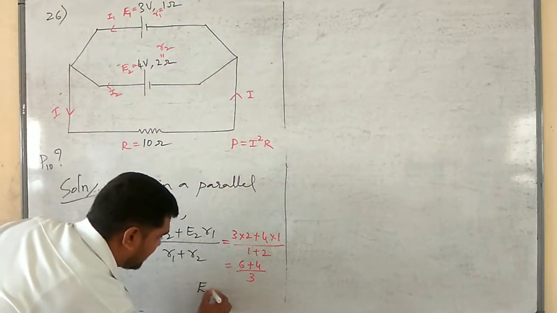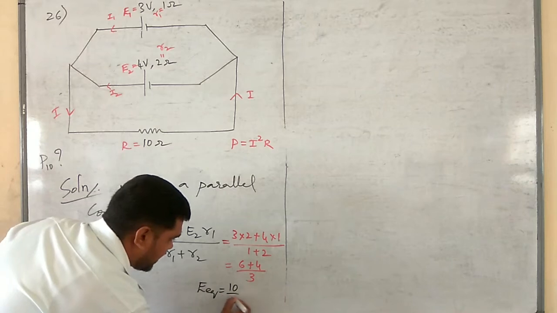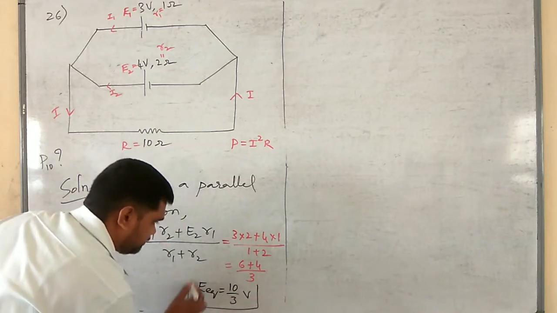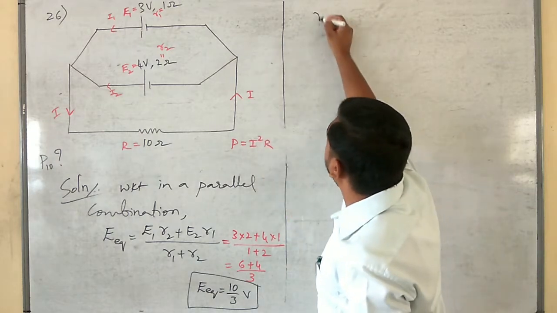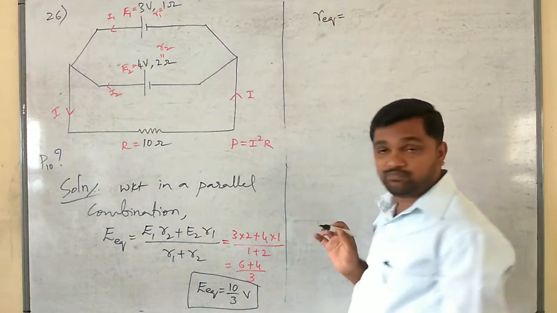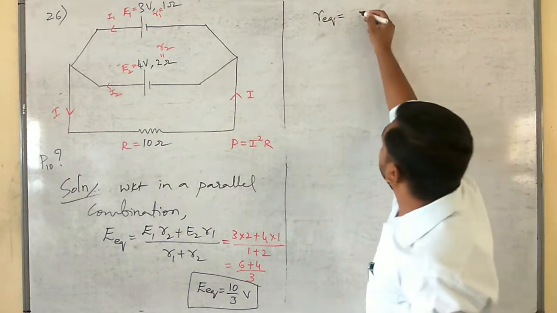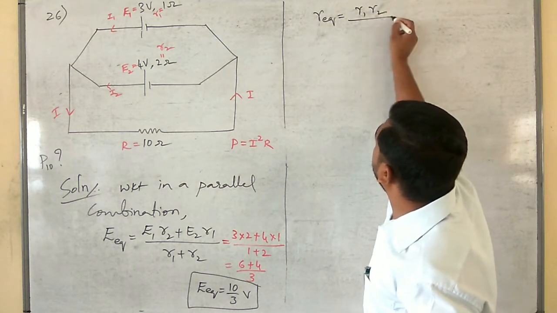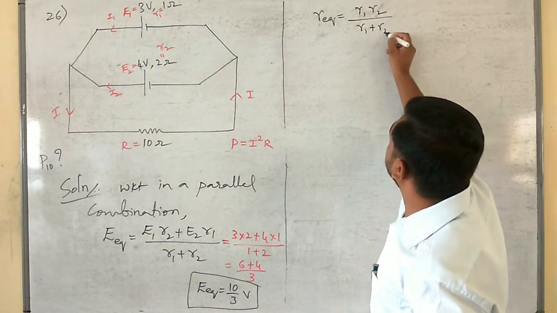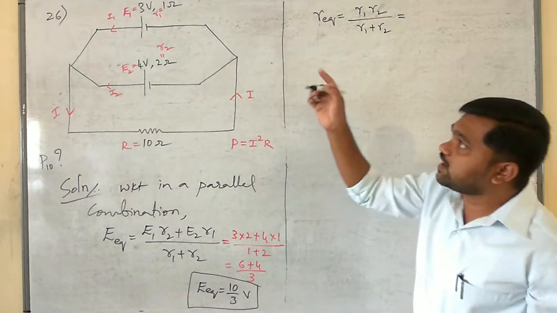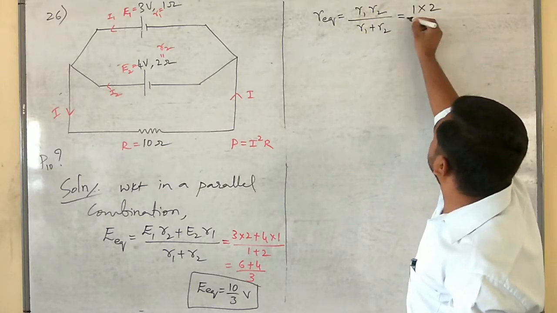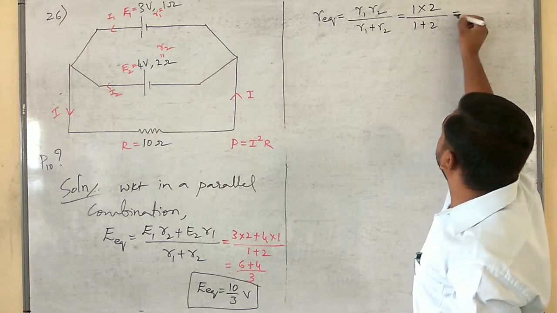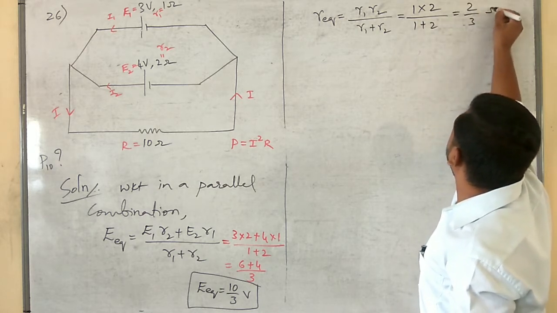E equivalent is equal to 10 by 3 volt. Next, what is the small r equivalent? Small r equivalent is given by simply R1 R2 divided by R1 plus R2. What is R1? 1. What is R2? 2, divided by 1 plus 2. It gives you 2 by 3 ohm.